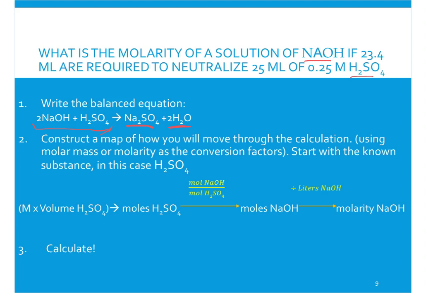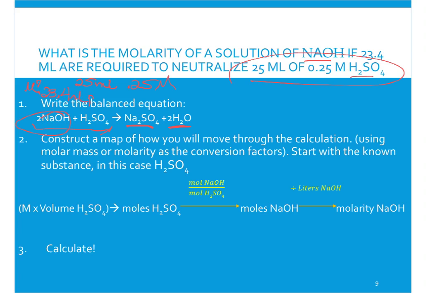Okay, and so now what this is telling us is the sulfuric acid, I'm going to put it above it. We have 25 milliliters of the sulfuric acid, and it is 0.25 molar. And we want to know the molarity of the sodium hydroxide, but we know that we used 23.4 mils.